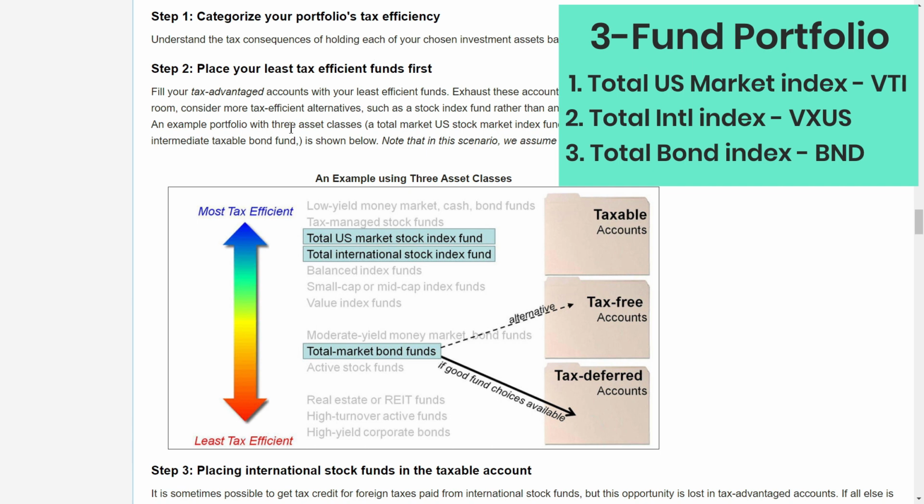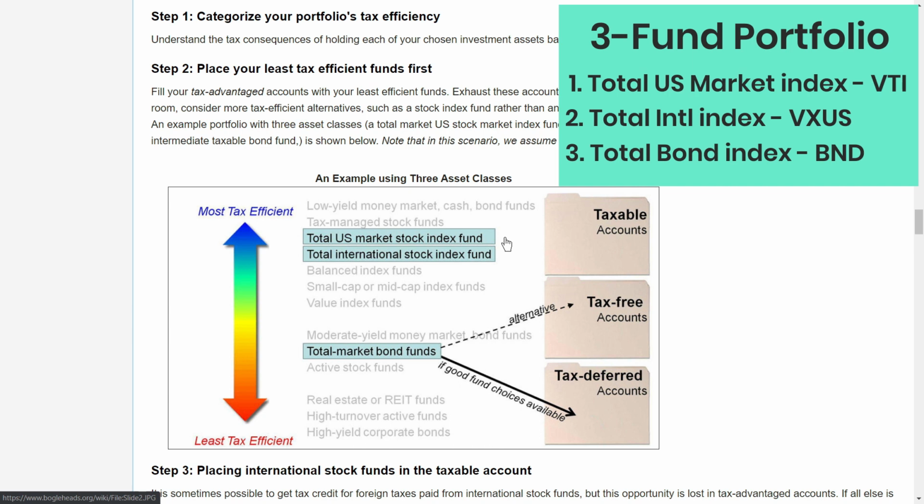And you can already see here in the diagram, it's really nicely illustrated that the total US stock market or the S&P 500, any of those broad-based market index funds, are generally very tax efficient. So they're part of this upper part of the tax efficiency spectrum.